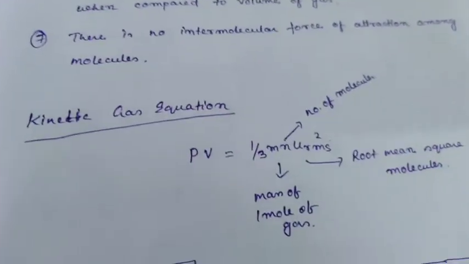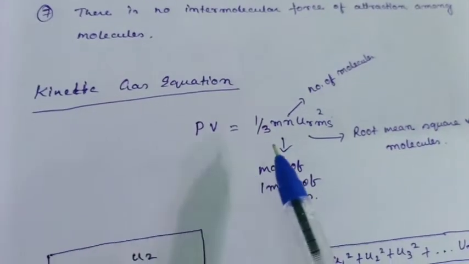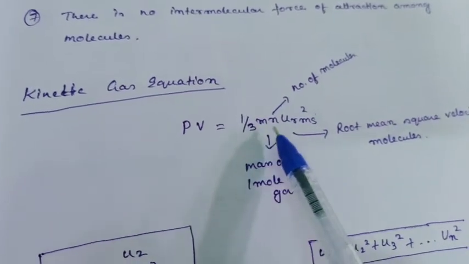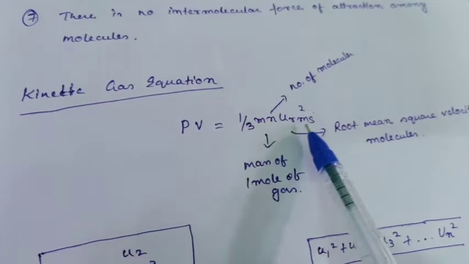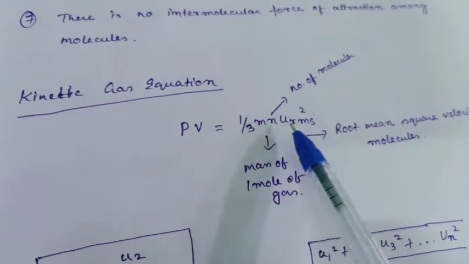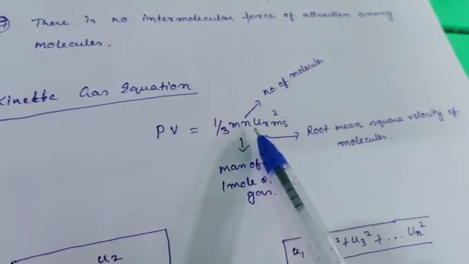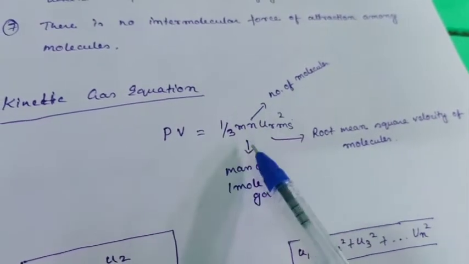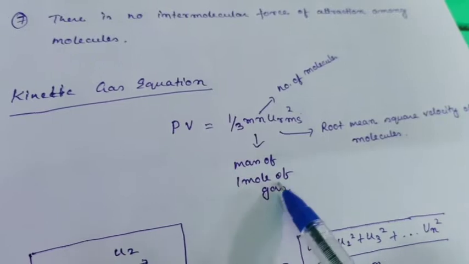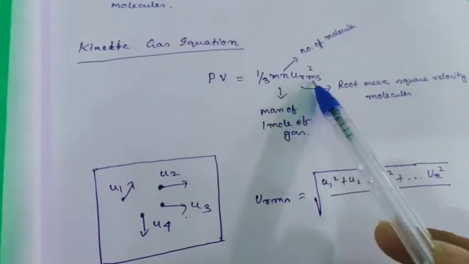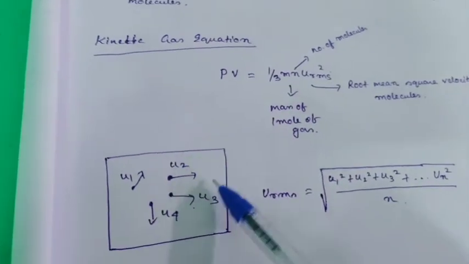Now we come to the kinetic gas equation. The kinetic gas equation is PV equal to 1 by 3 mn u_rms square, where u_rms is the root mean square velocity of molecules, n is the number of molecules and m is the mass of one molecule. What do we mean by u_rms velocity? There are many molecules in a gas.